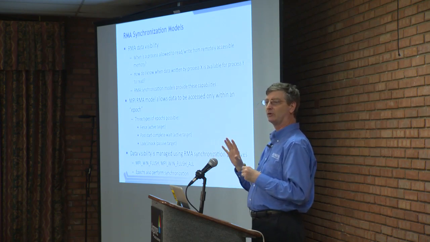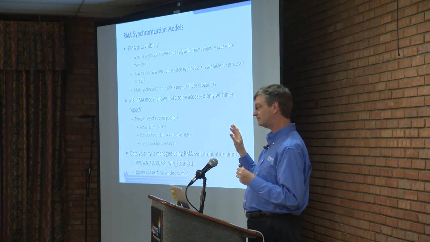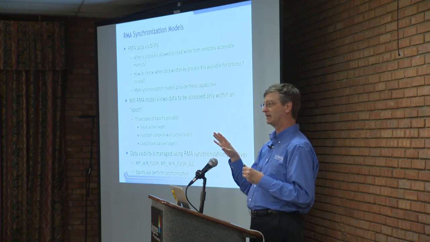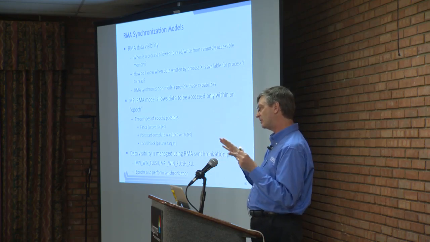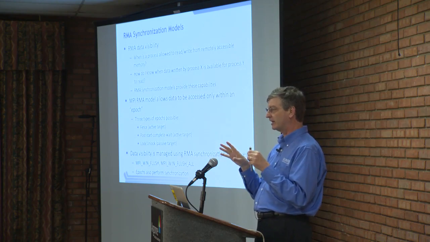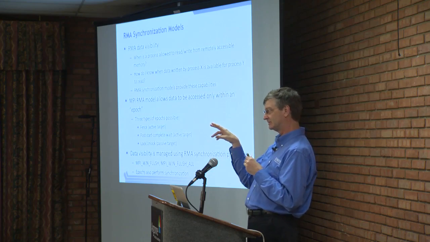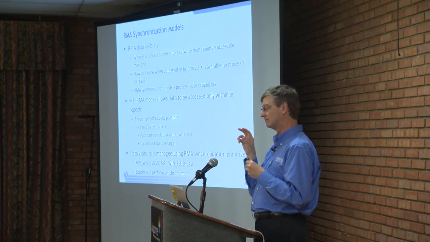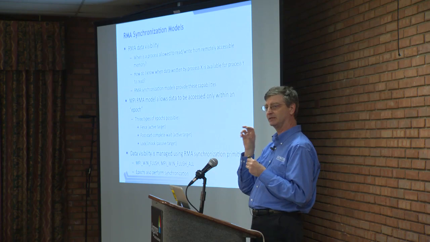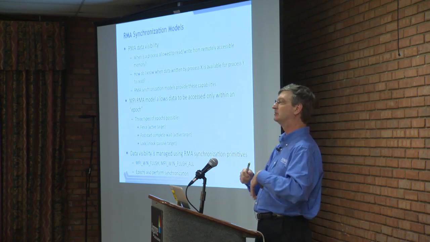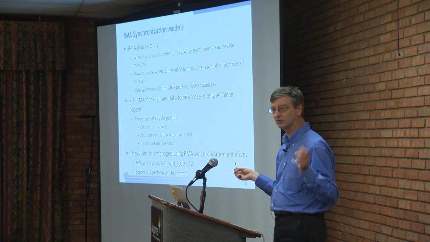Another one is called post-start-complete-wait, which is the awkward way of saying that I've got all these processes doing this, but I just want to describe the processes with which I've performed RMA operations. In principle, that could be implemented in a slightly more scalable way because I don't need to do what is effectively a barrier synchronization across the entire machine.